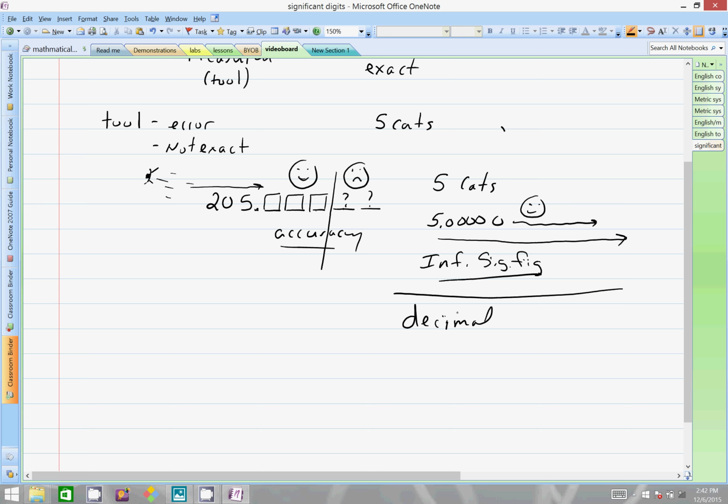Basically we're looking at, how do we know if a particular value is an exact value? Well, this is where I learned it, and I haven't really seen it in too many other places, but the decimal rule is, no decimal generally means exact.